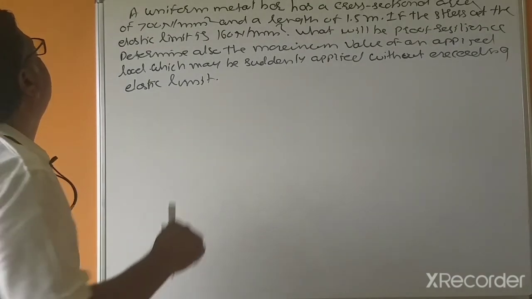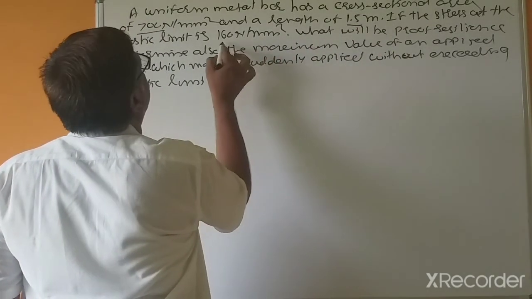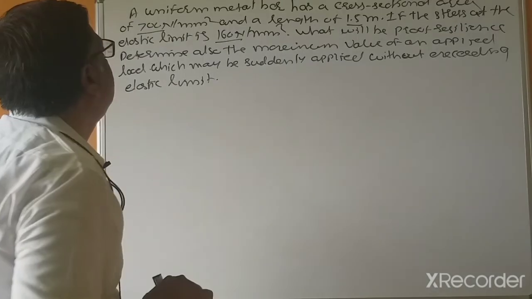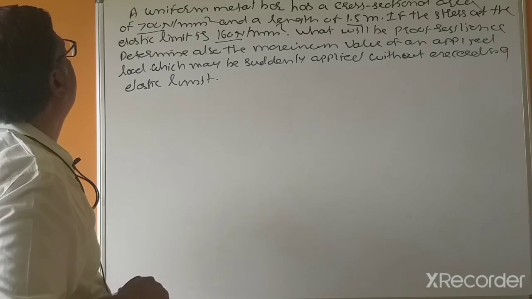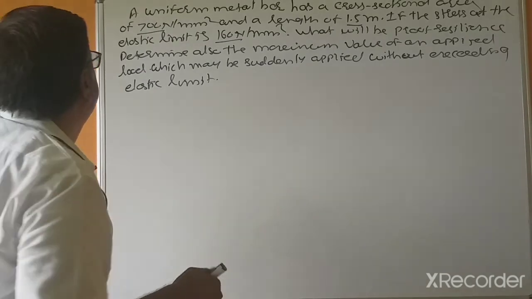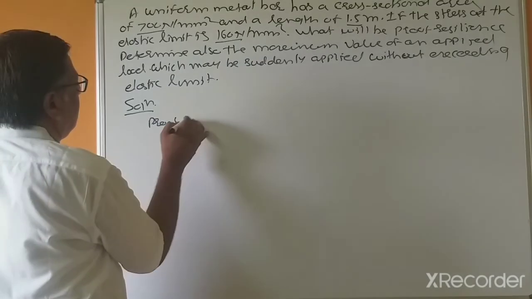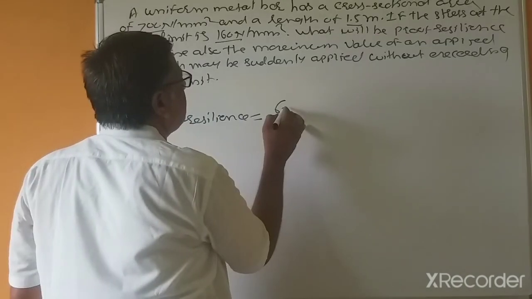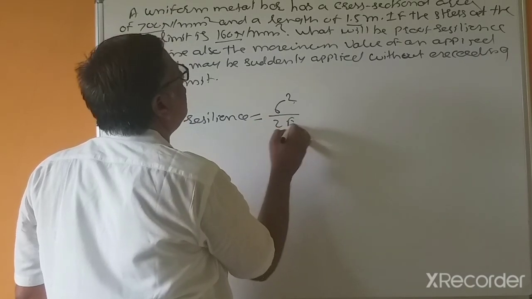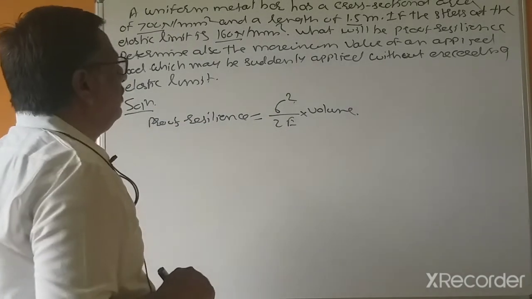So in this problem, a uniform metal bar has cross-sectional area 700 mm squared, a length of 1.5 meter and elastic limit 160 Newton per mm squared. Solution: proof resilience equals sigma squared divided by 2E into volume.